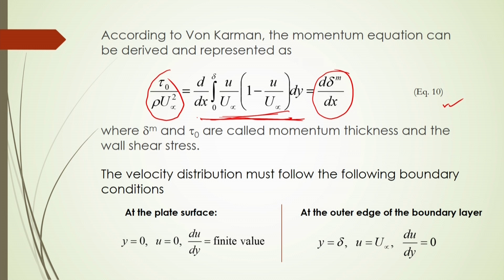The velocity distribution will follow certain boundary conditions. At the plate surface, y equals 0, u should be 0 because there is no slip, and there will be no velocity in the y direction.